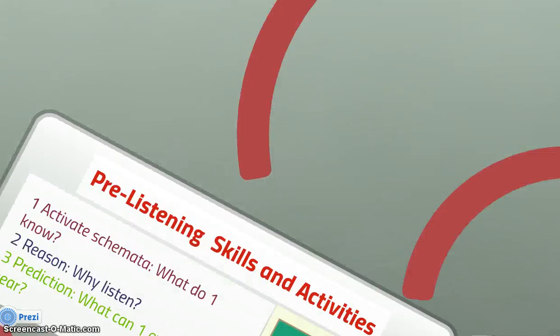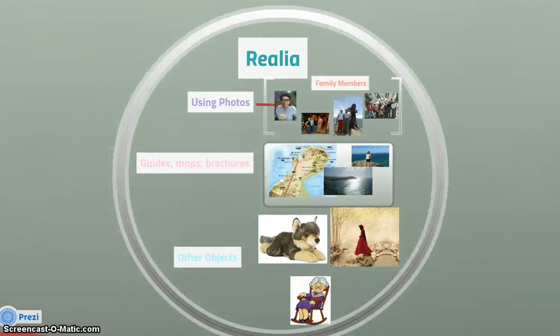And another one is the realia. In the realia, you can use, for example, if you are going to share an anecdote, photos of your family members. The idea is to use real things, maps.